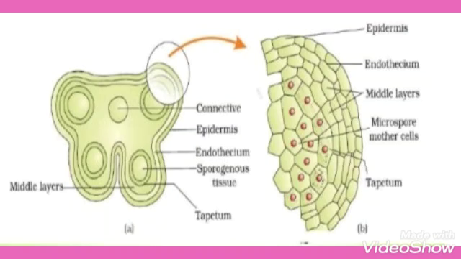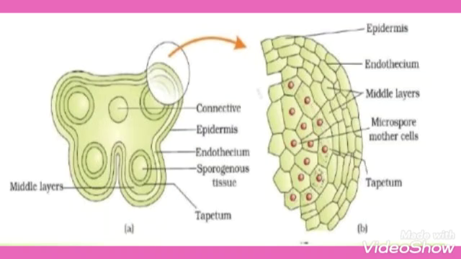Pollen grains can be monocolpate, having one germ pore, bicolpate, two germ pores, and tricolpate, three germ pores. The branch of study of pollen is called palynology.